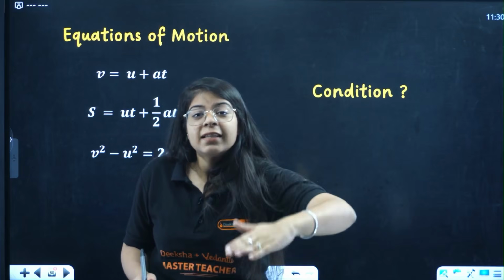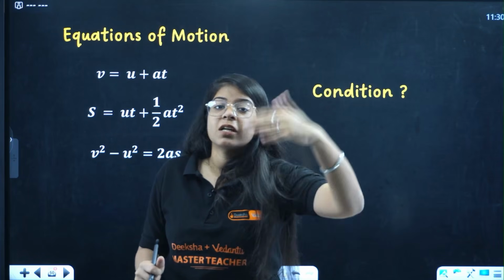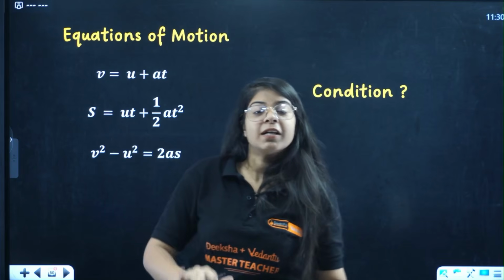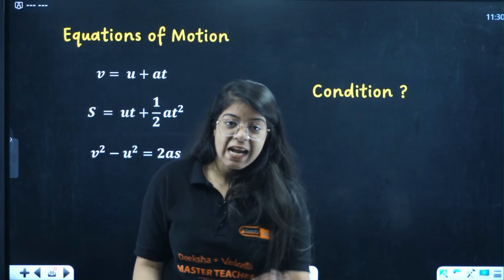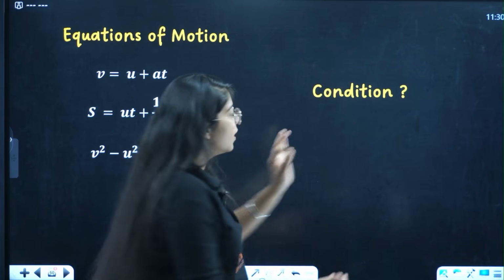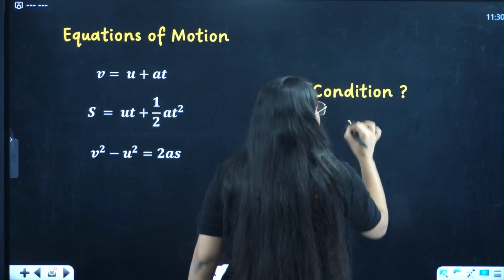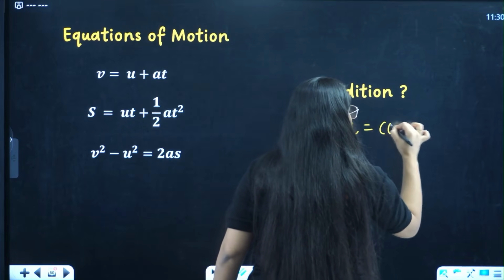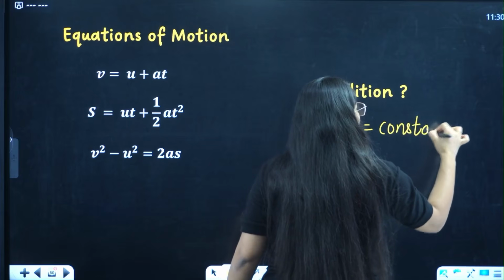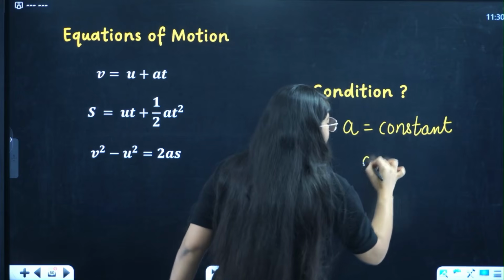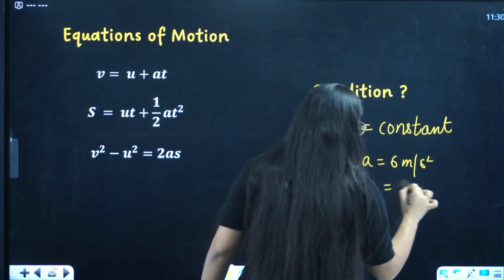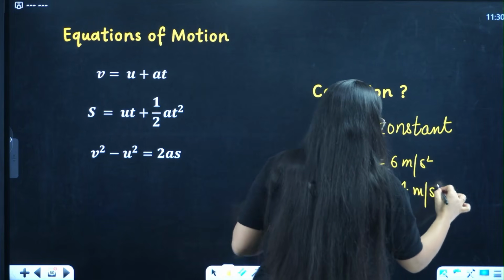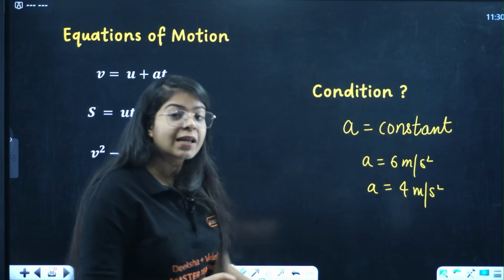So at an interval of 10 meter per second, he's increasing his velocity, and similarly for decreasing. That means acceleration is constant. So the condition is acceleration should be constant. It should always be one value. Acceleration is 6 meter per second square, or acceleration is 4 meter per second square. It should not change with time.